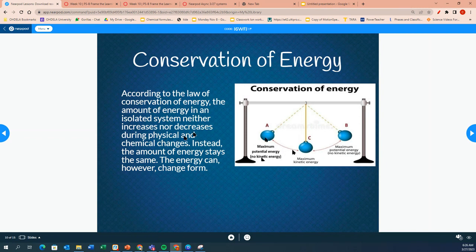At the bottom of this swing, kinetic energy is the largest, so its speed is the largest. And then as it goes up, it loses kinetic energy, but gains potential energy. So this is how we think of conservation of energy in an isolated system: energy can neither be created or destroyed, but can be transferred from one type of energy to another.